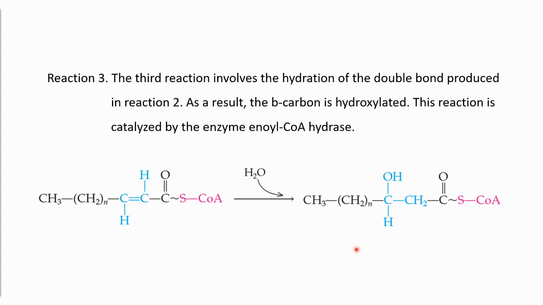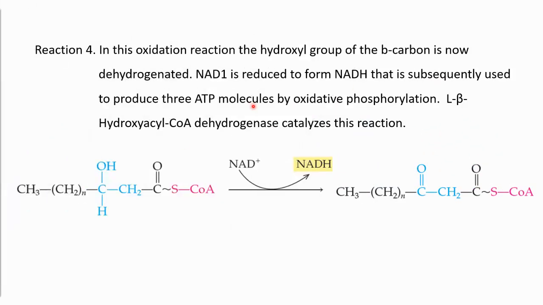So this is hydration. Now the fourth step, you're going to be reducing NAD to NADH by taking away the hydrogen from the hydroxide in the gamma carbon, making it a carbonyl. Okay, and this is with the help of enzyme L-beta hydroxyacyl coenzyme A dehydrogenase.